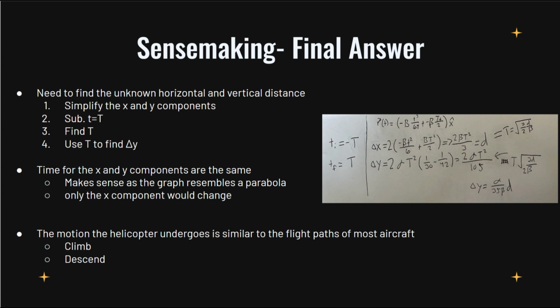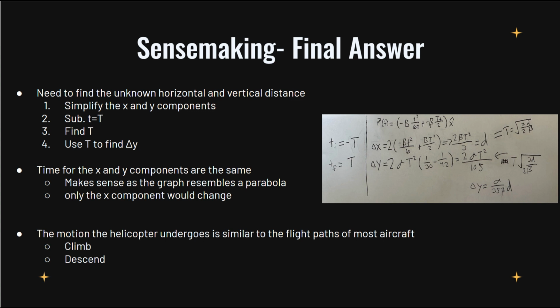Then after finding big T, we can use the equation for big T to substitute in for the variable big T in the delta y equation to finally find our vertical distance traveled, which turns out to be alpha over 35 beta times the distance, the horizontal distance.